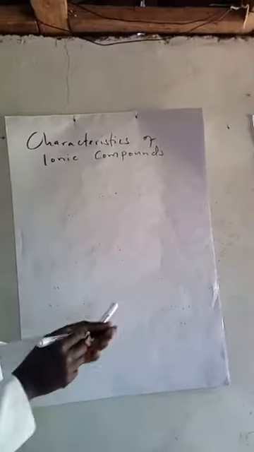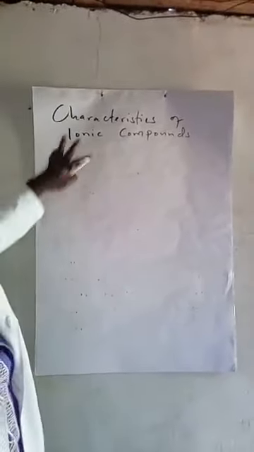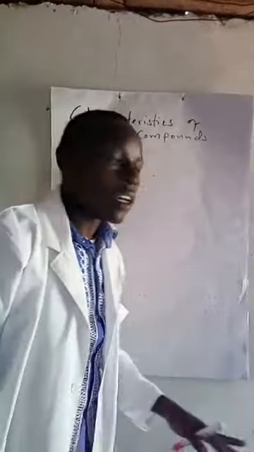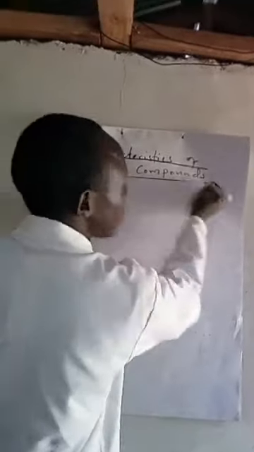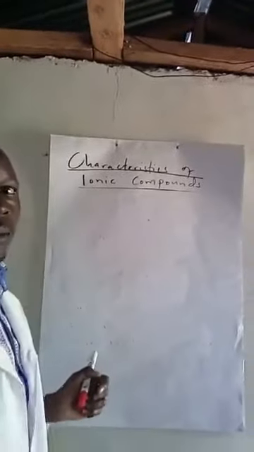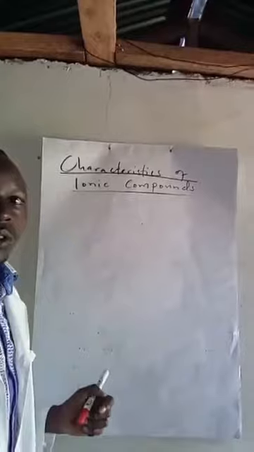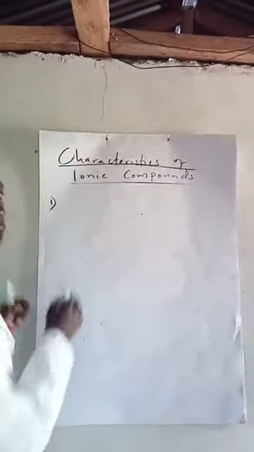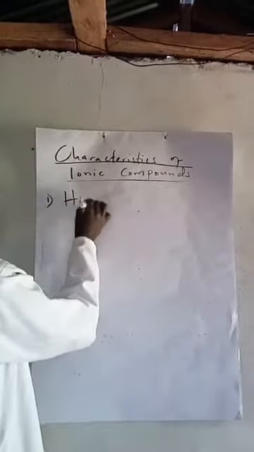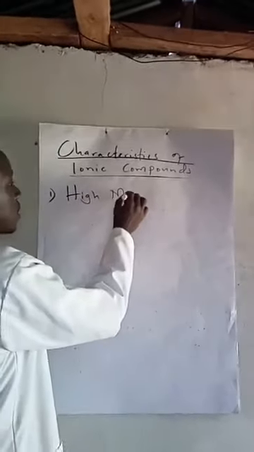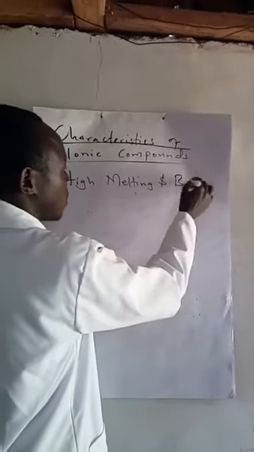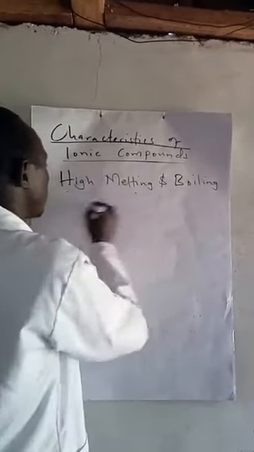When we say ionic compounds, in short, we mean compounds with giant ionic structure. Examples are sodium oxide, sodium chloride, and so on. One characteristic is that they have high melting and boiling points.